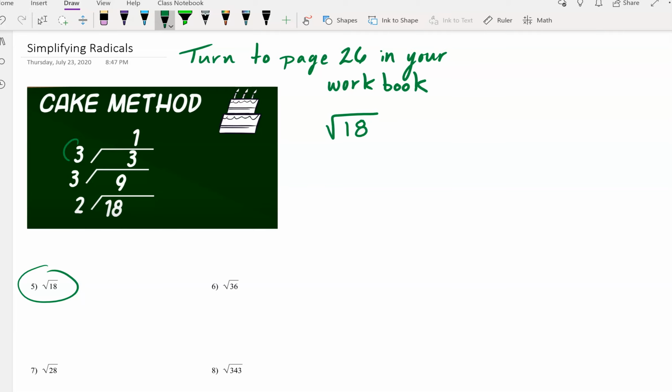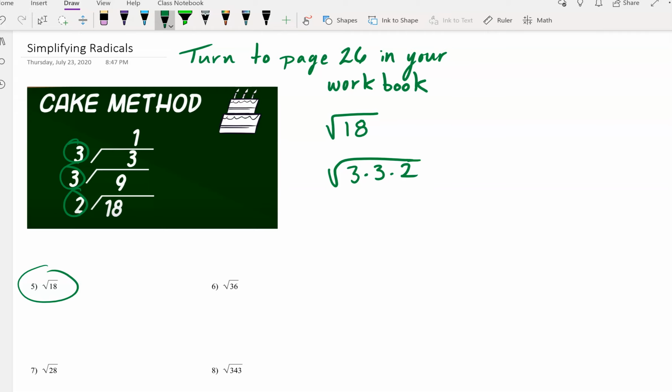So here you saw the prime factorization of 18 was 3 times 3 times 2. So if we're taking the square root of 3 times 3 times 2, we can take the square root of pairs. So we know 3 times 3 is 9, and the square root of 9 is going to be 3.